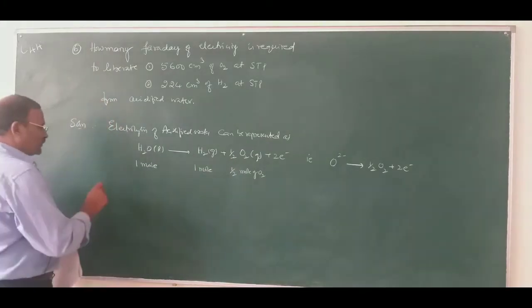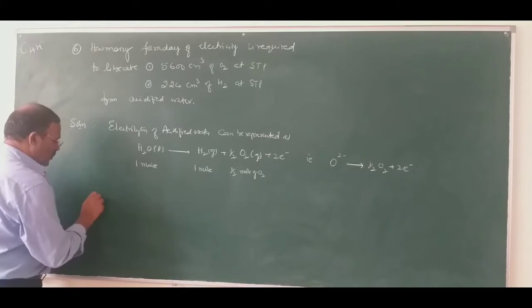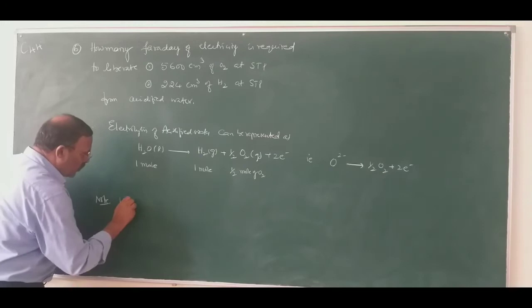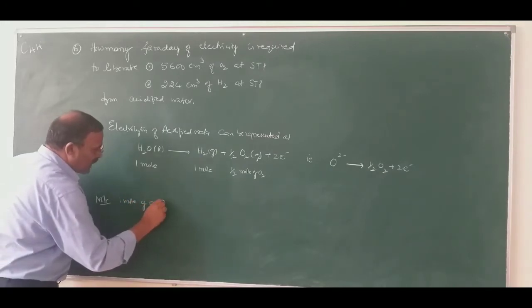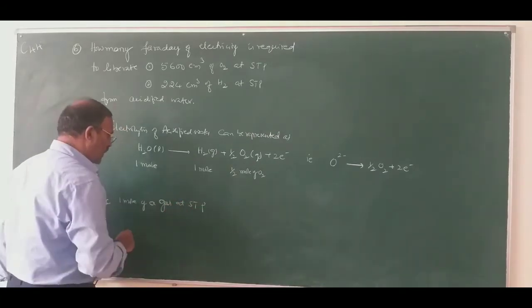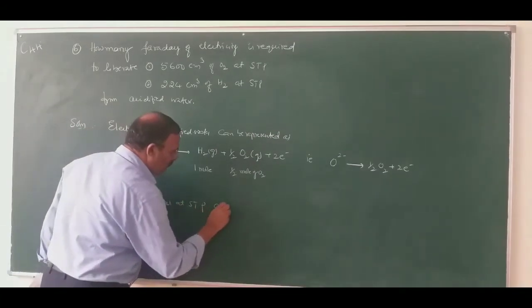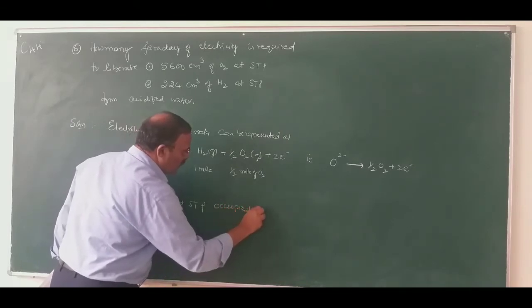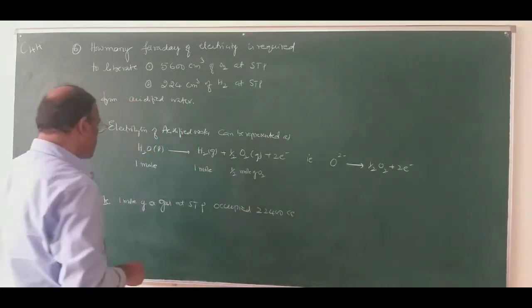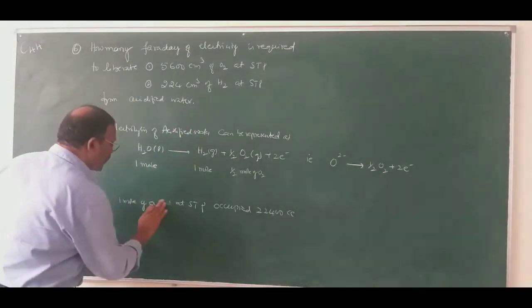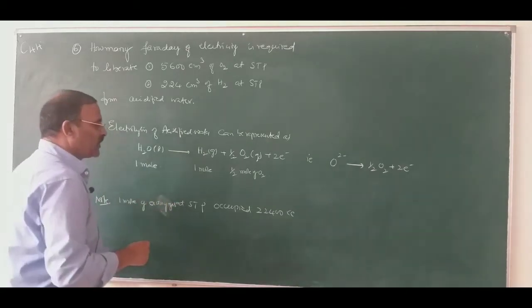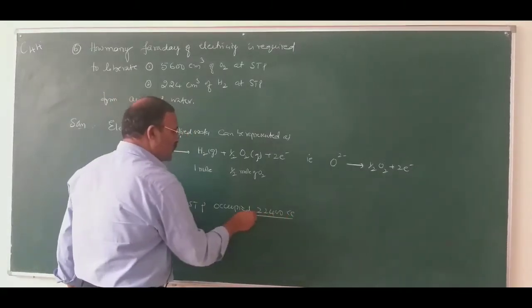So, note: 1 mole of a gas at STP occupies 22,400 cc. 1 mole of any gas at STP occupies 22,400 cc.